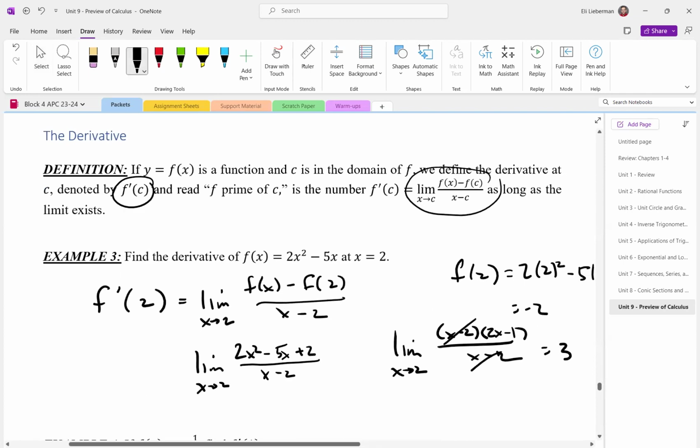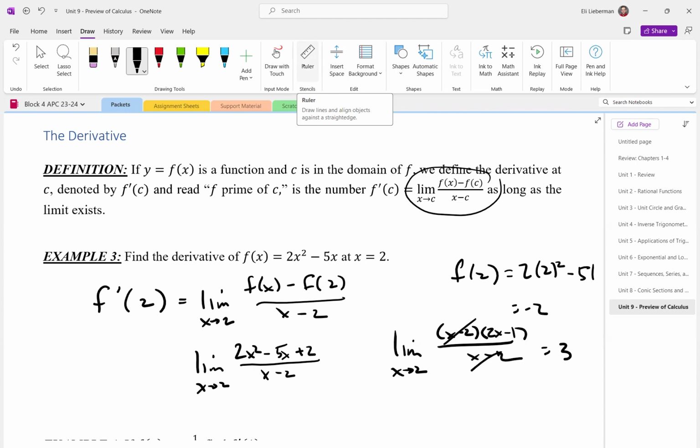So I'm just trying to digest that blurb there. This means the derivative at c. So when it's looking for the derivative of this function, that is f prime of 2. And what does that mean, the derivative? Slope of the tangent line at x equals 2. C is 2, yes.